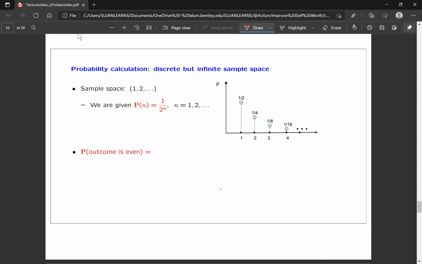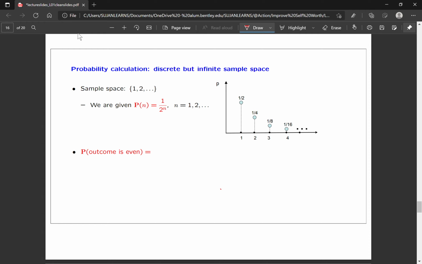Let's say we carried out an experiment that will provide us an arbitrary positive number. Let's say we tossed a coin and we count how many times we have to toss the coin to get a head.